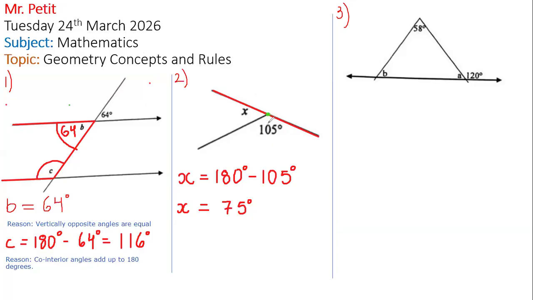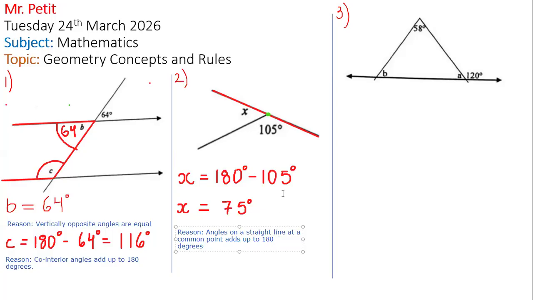What rule are we gonna use for this particular question? Angles on a straight line. Very good. Angles on a straight line at a common point must add up to what? 180 degrees. Very good. So angles on a straight line at a common point add up to 180 degrees.